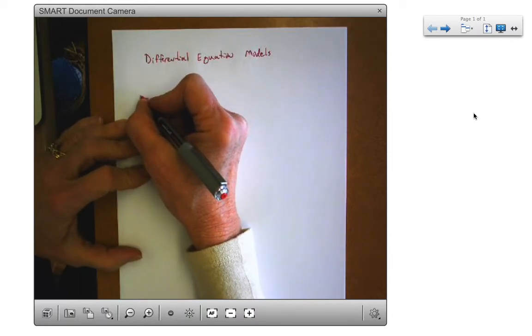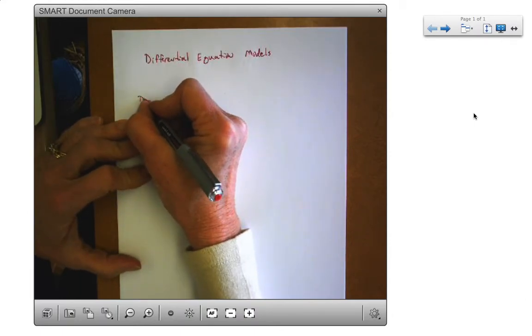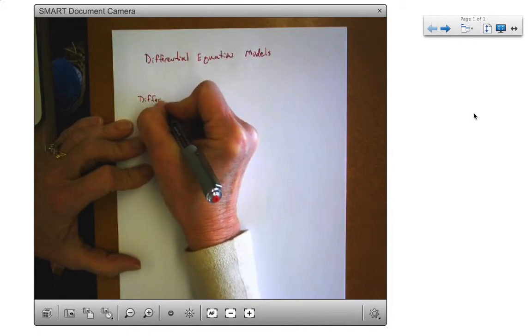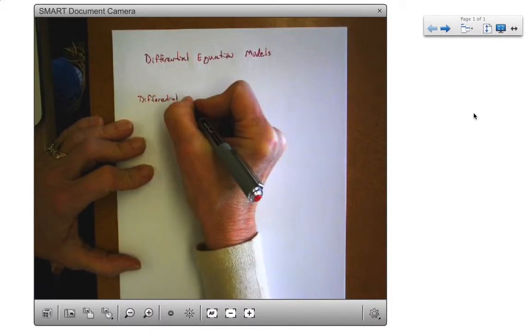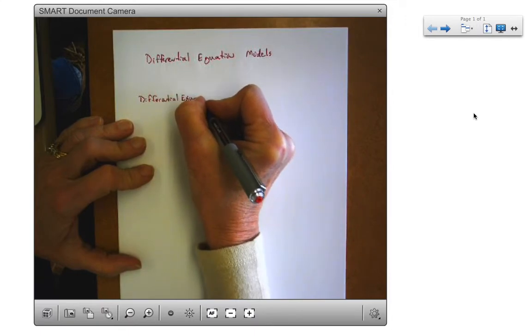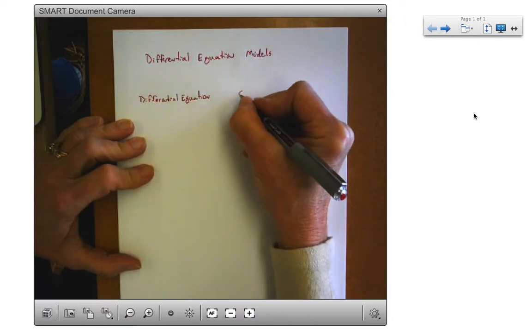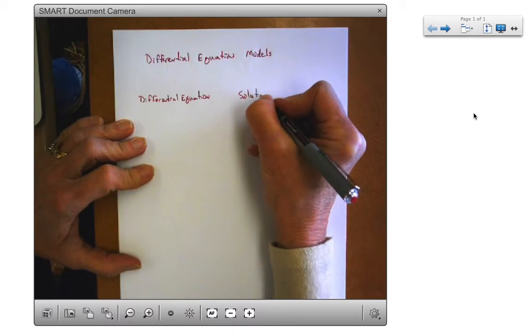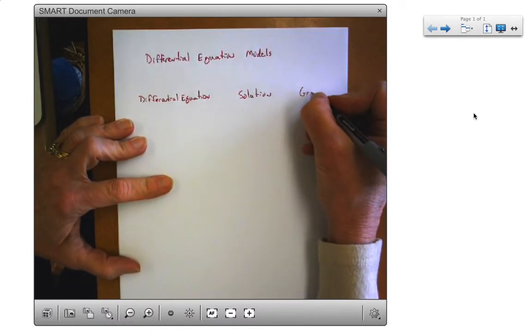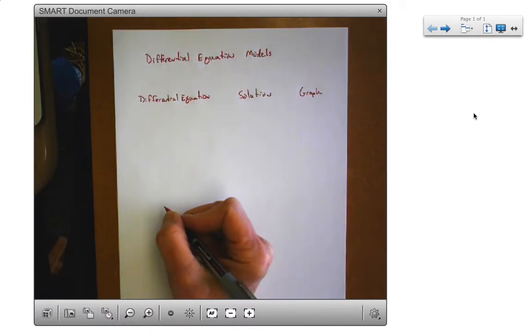for the beginning of Section 6.3 is we looked at a differential equation. And we talked about what the solution has to look like and what the graph looks like. So this is where we are so far.